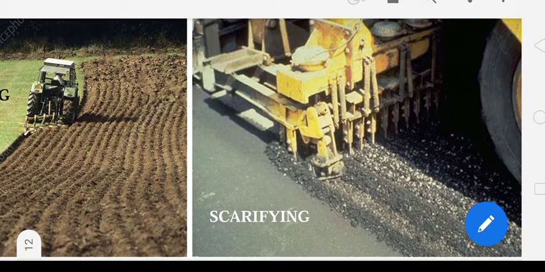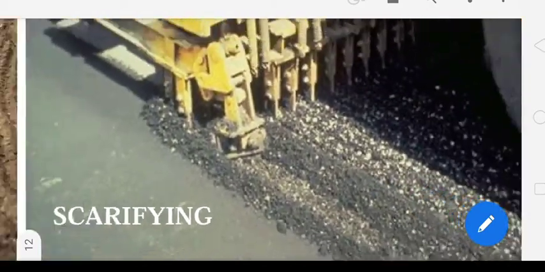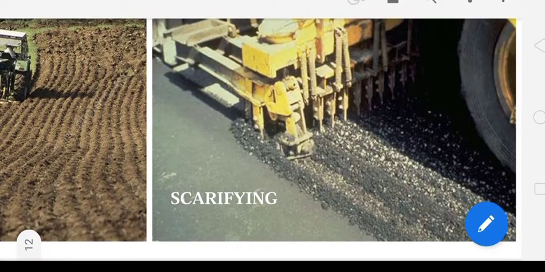So the existing road needs to be removed, so they are completely scratching it and removing the pavement surface, so that the bonding between the filling material should occur properly. Right, most of the bypasses you'll observe they are going for vehicle underpass.